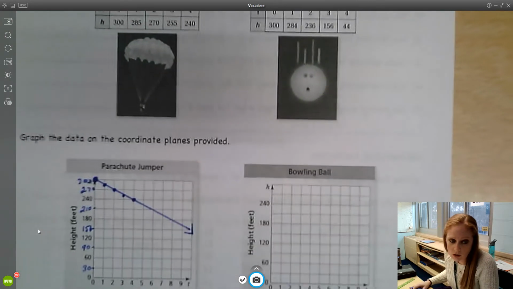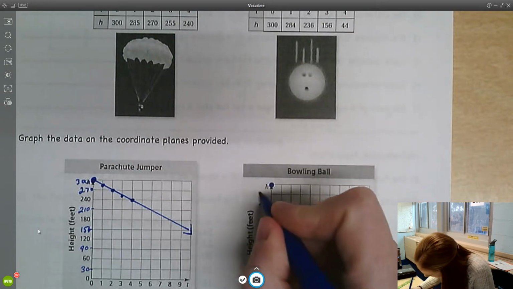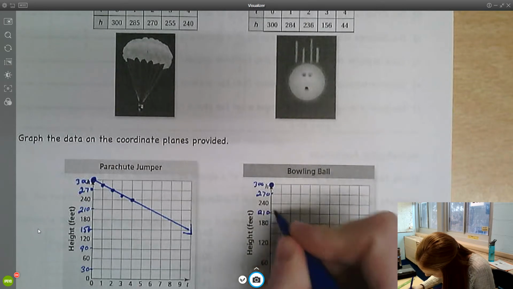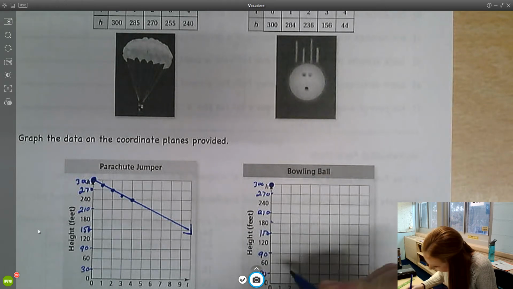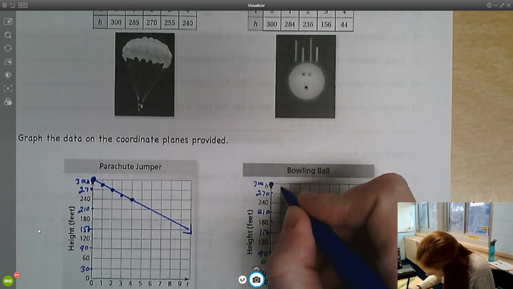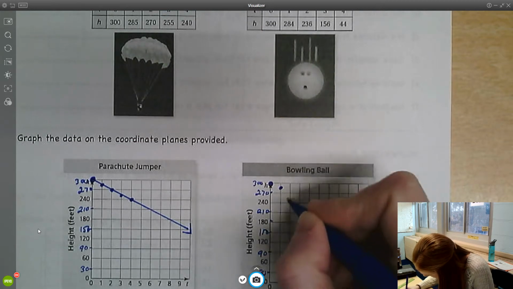The bowling ball also starts at 0, 300. Let me just fill in my scale. Then after 1 second, it's at 284. So that would be around here. After 2 seconds, it's at 236.